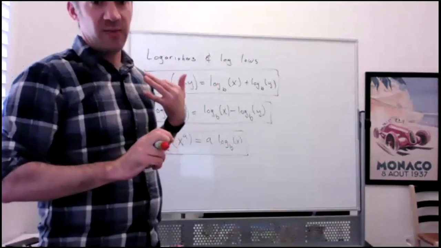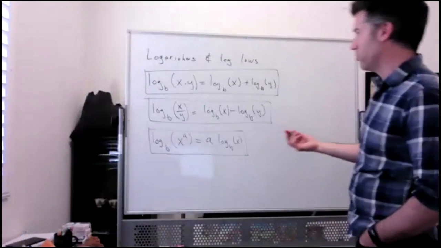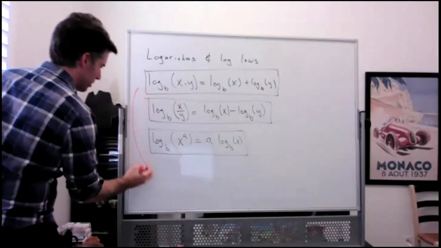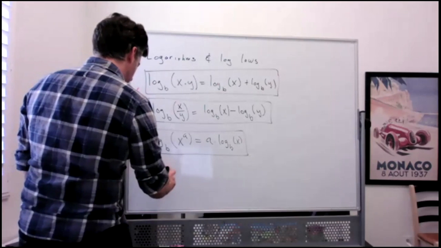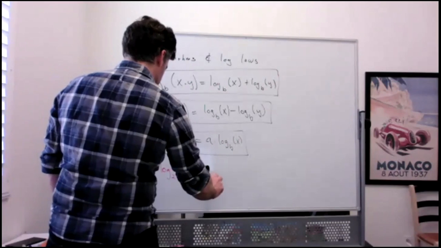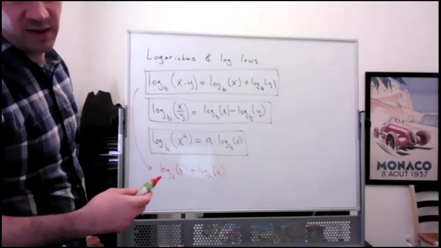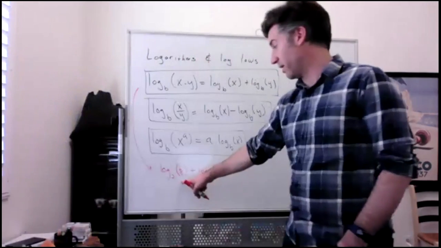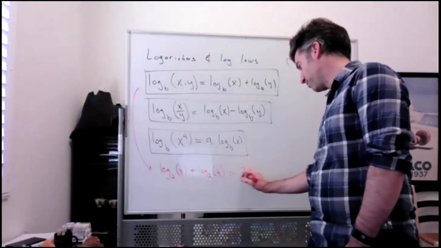So let's look at some examples. For this first rule, I like to think of this example: log base 2 of 8 plus log base 2 of 4. Log base 2 of 8, again, we're asking 2 to what power equals 8? That's equal to 3.